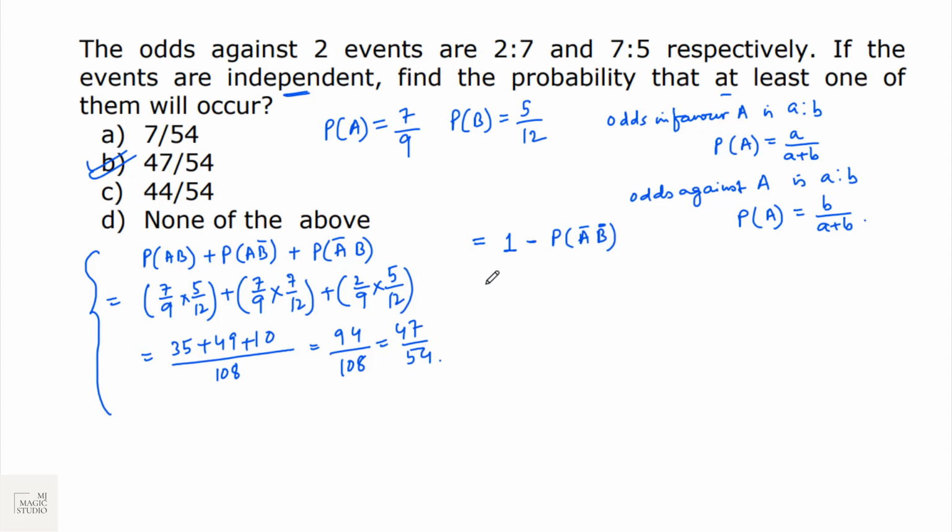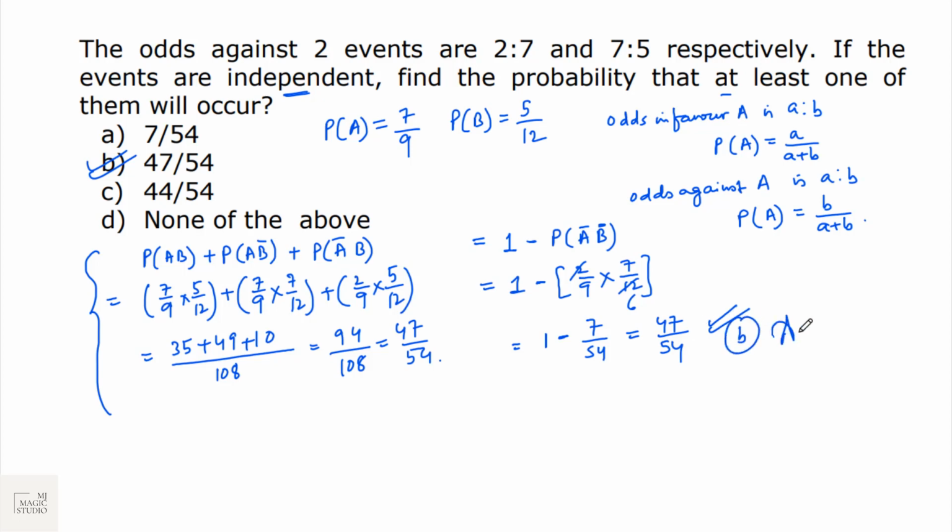So 1 minus both will not occur. It is 1 minus P(A complement) 2 by 9 into P(B complement), that is 7 by 12. 2 cancels with 6, this is 1 minus 7 by 54. 54 minus 7 is 47 by 54. Use this process. Option B is the pick.